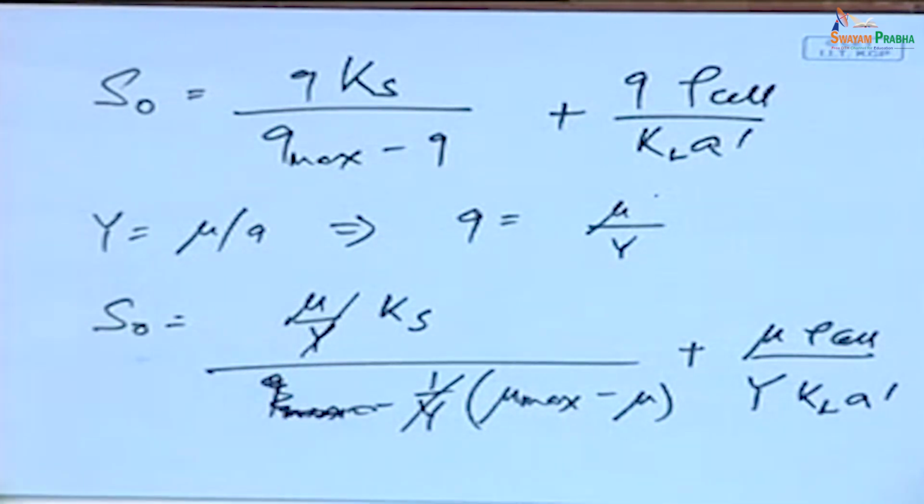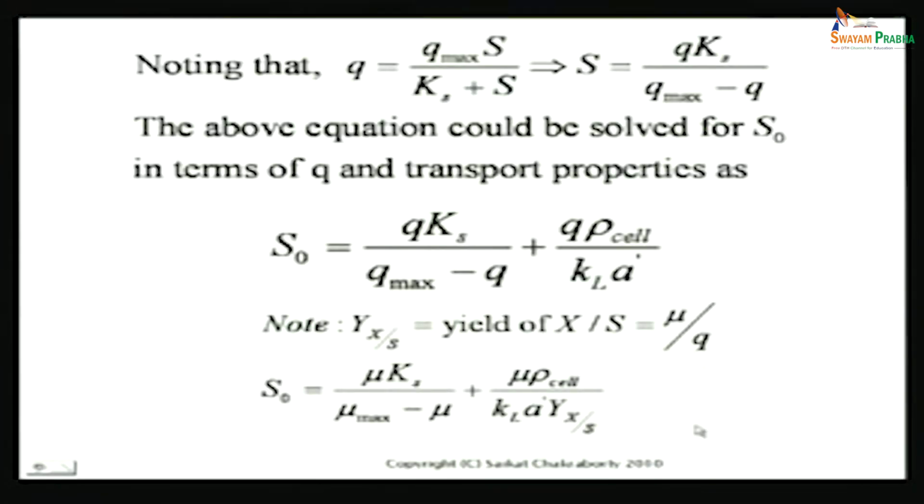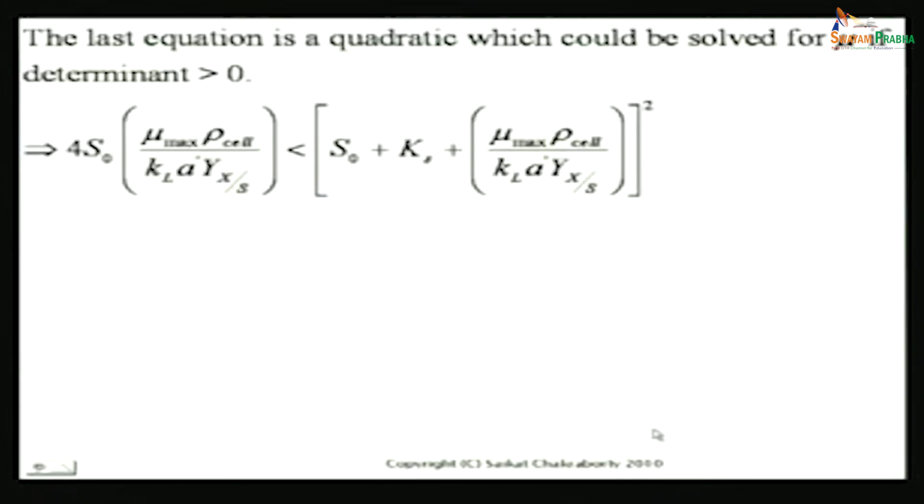Okay. So if I go back to the screen now, the last thing you see is exactly what I did just now. So mu Ks over mu max minus mu plus mu rho cell over KLA prime Y, right? Okay.